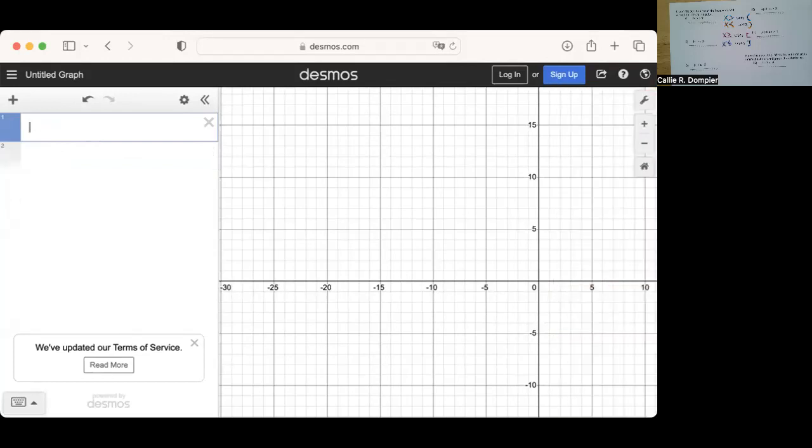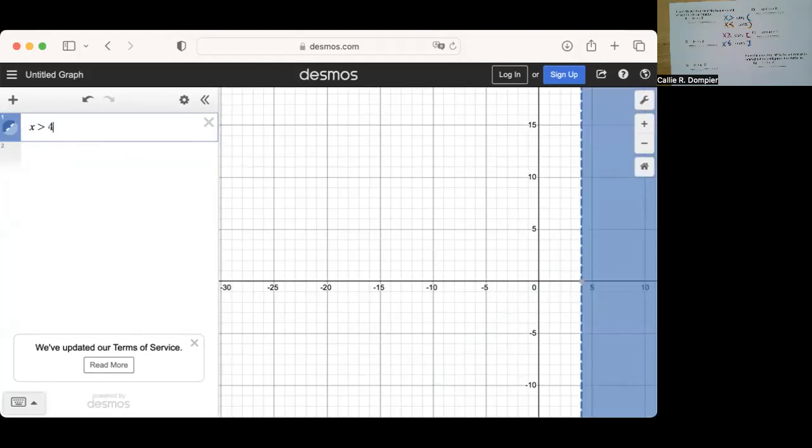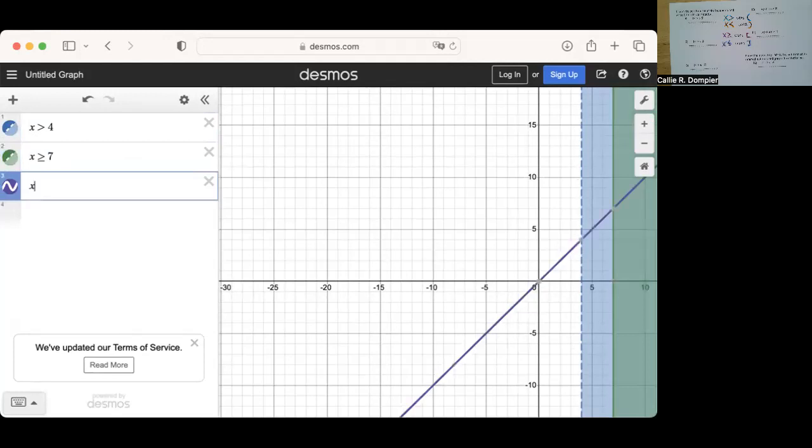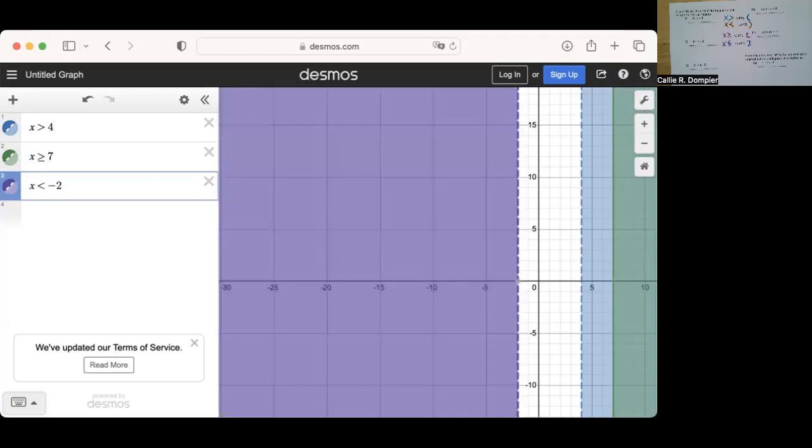So we said x is greater than uses the parentheses. The parentheses in Desmos is represented by a dashed line, okay? But x is greater than or equal to, we'll say 7, uses a bracket, so it's going to use a solid line. x is less than -2.